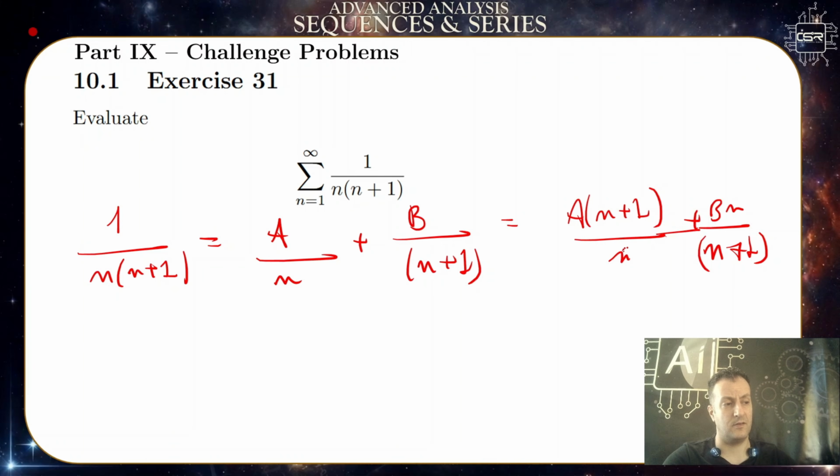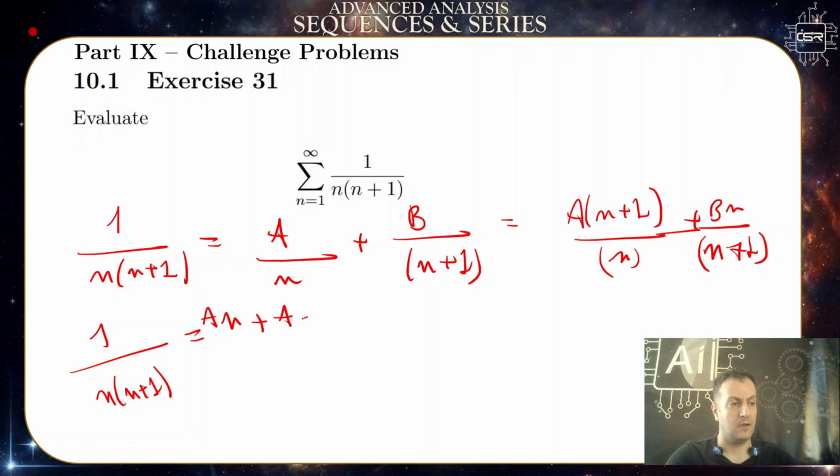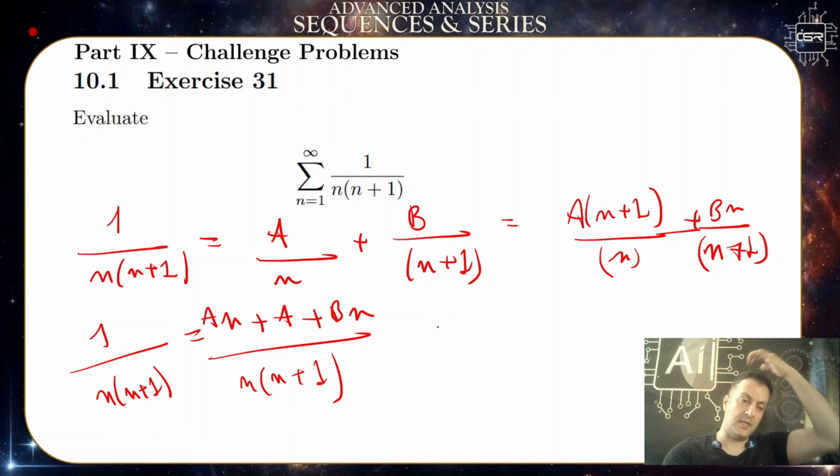And here you have again a multiplication in the denominator. So 1 over n times n+1 is equal to an plus a plus bn divided by n times n+1.